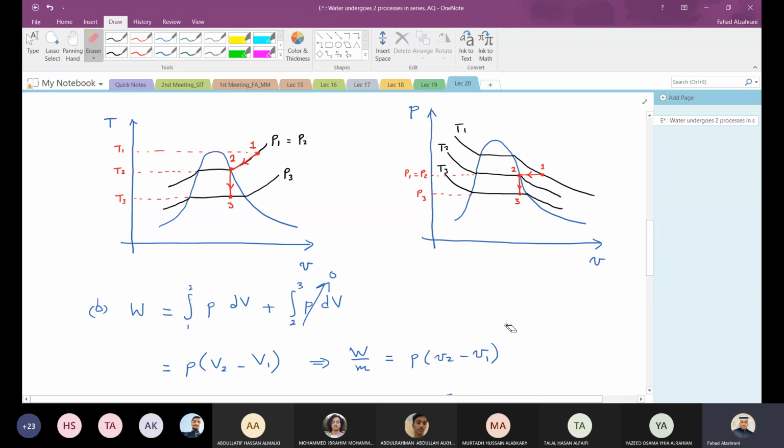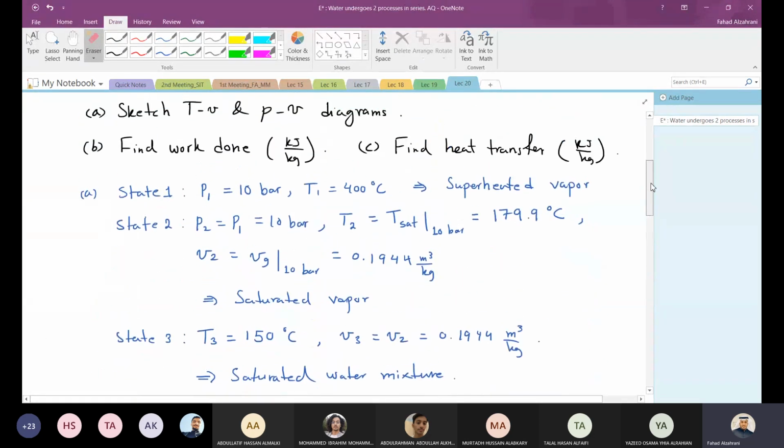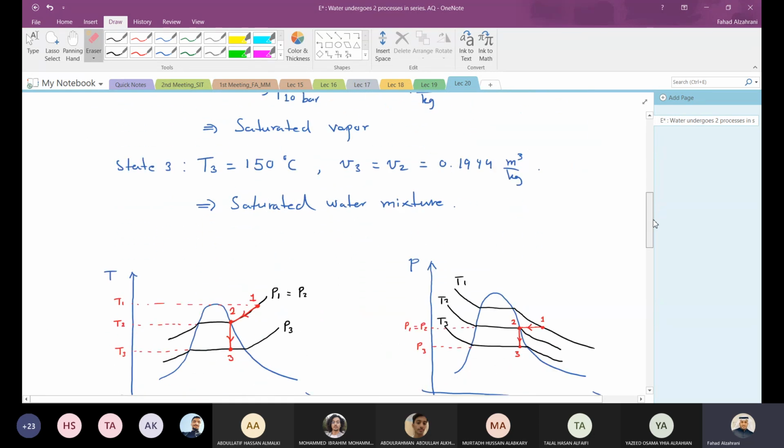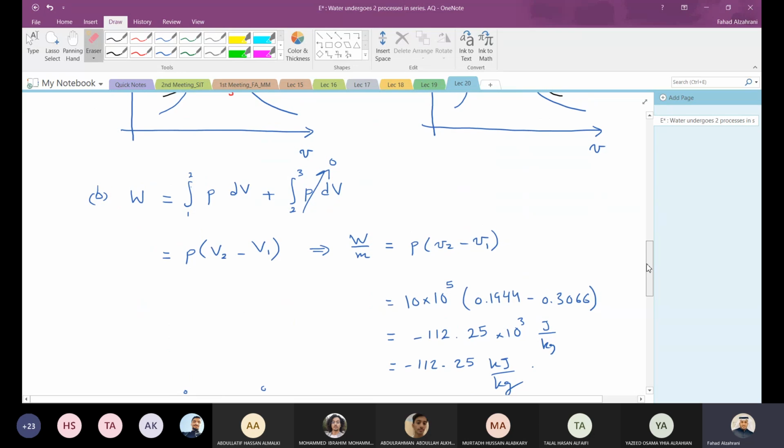Alright? خلاص احنا ايش نحتاج الحين؟ I have P, for P1 or P2, it's going to be 10 bar, and I need V2 and I need V1. If we go to our cases here, I know what V2 is, and same thing, I can find V1 from the superheated table at 10 bar and 400 degrees Celsius, and it will be 0.3066.